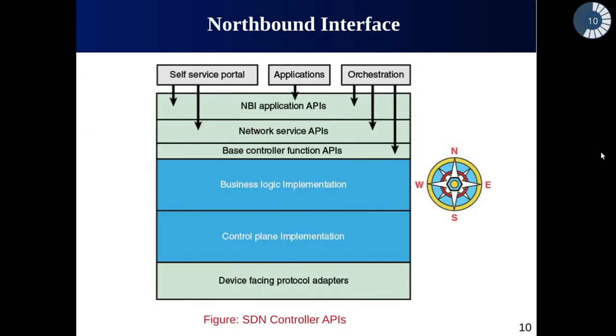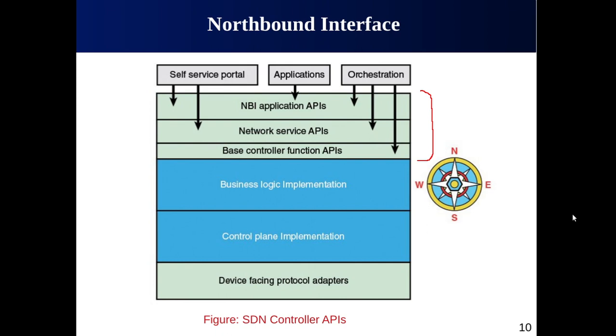Let us see the northbound interface graphically. This figure shows a simplified example of an architecture with multiple levels of northbound APIs. Why do we need these levels? There is a discussion in the NBI working group about these different levels of APIs, but we will not go into the details, because some APIs are further north while some are close to the controller.